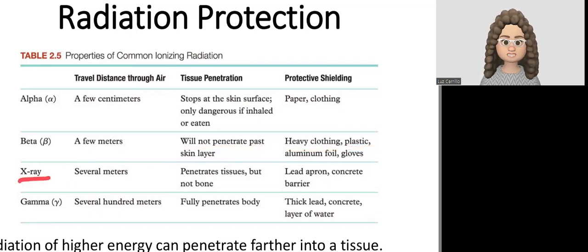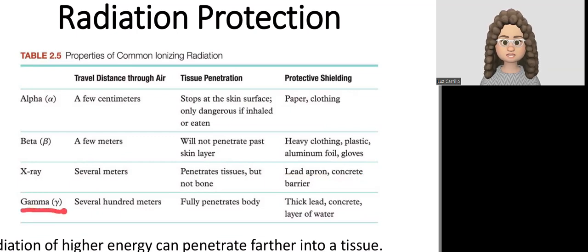Next, we have X-rays. X-rays can travel through air several meters. They can penetrate tissues, but not bone. When you're trying to get protected from an X-ray, for areas where you don't want that exposure, you can use a lead apron or a concrete barrier.